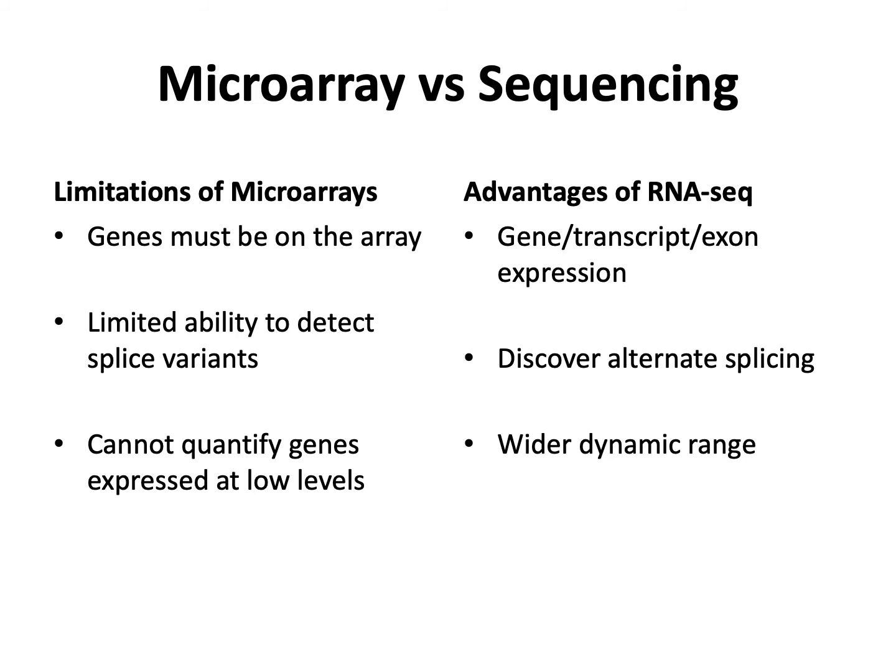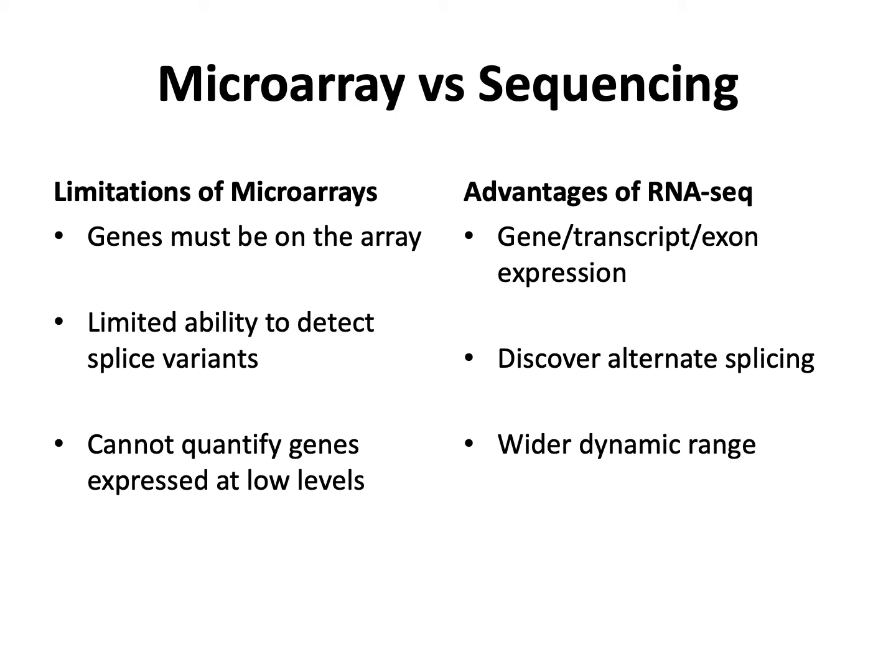I'll contrast them quickly here, saying that microarrays do have a limitation, that you had to know what the 50 base pairs look like in advance, and it was designed on that array. That can lead to limited ability of detecting, say, a splice variant of a gene. If there's too much similarity between different sequences, it cannot distinguish them well.